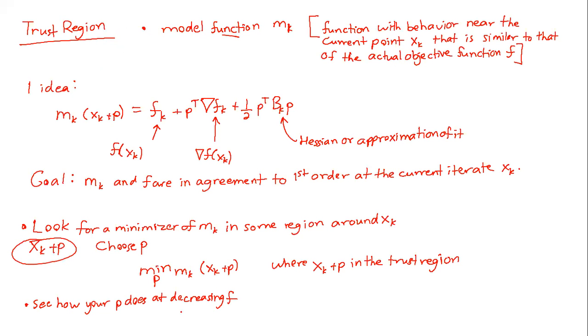If not, then the reason that you probably are unhappy is because you don't feel like your p decreased the f very much. So if they didn't decrease the f very much, then you might think, well, maybe the reason is that my mk wasn't accurate enough in my trust region, so that I got a p that didn't really make my f get much smaller.